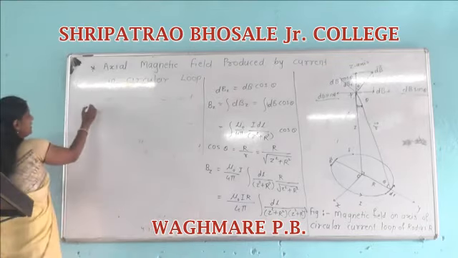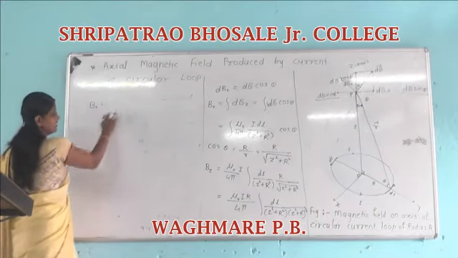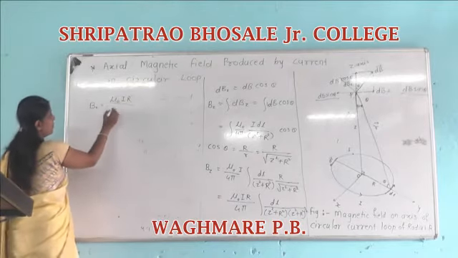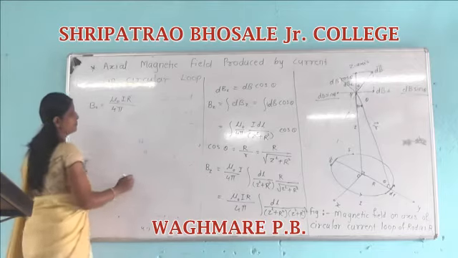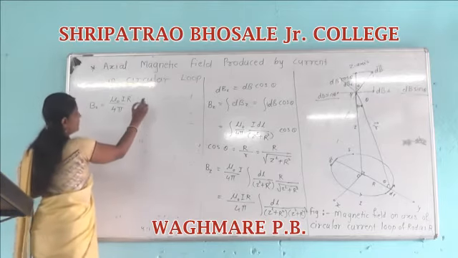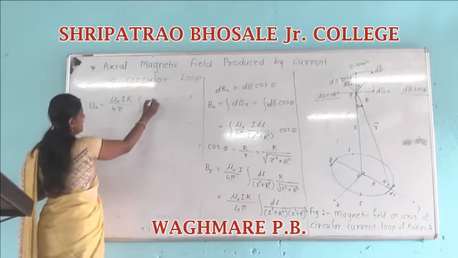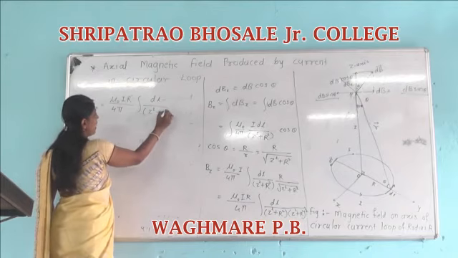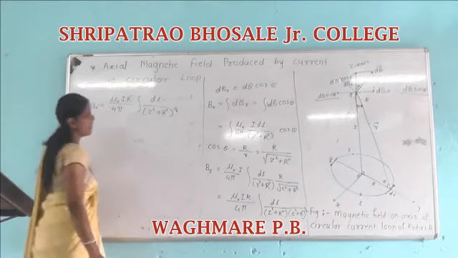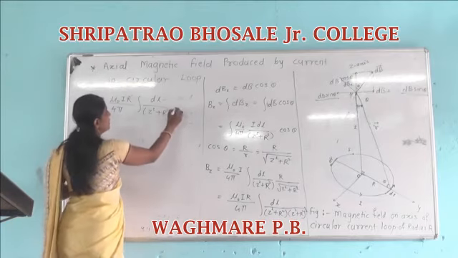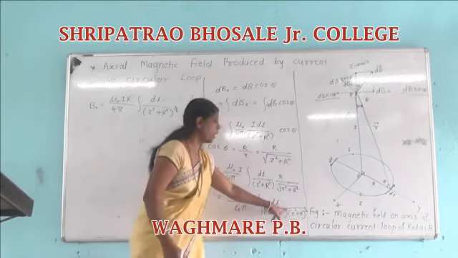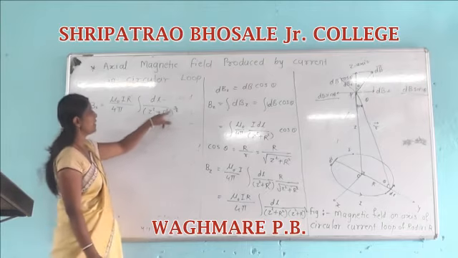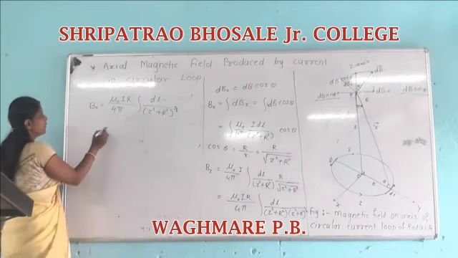Now the magnetic field along the z axis is equal to mu naught R upon 4 pi, then dl upon z square plus R square raised to 1 by 2. Sorry, here 1 by 2 plus 1 is equal to 3 by 2. Therefore, dl upon z square plus R square raised to 3 by 2.